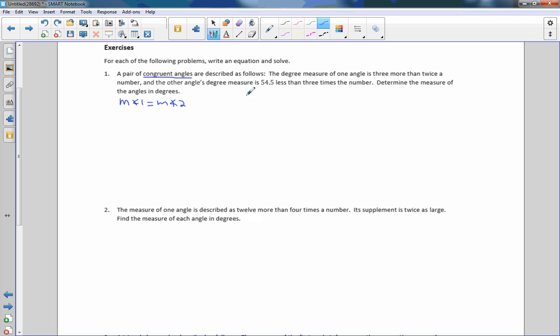Now we're going to describe what the measure of angle 1 and the measure of angle 2 are. So I'm going to say the measure of angle 1 equals, the degree measure of one angle is 3 more than twice a number. More than means to add. More than tells you to read right to left. 3 more than twice a number. So the measure of angle 1 is 2x plus 3.